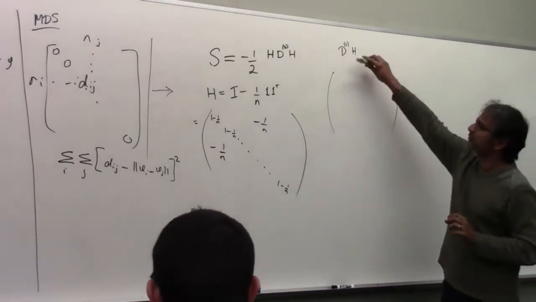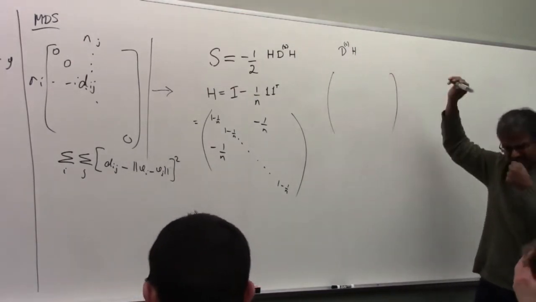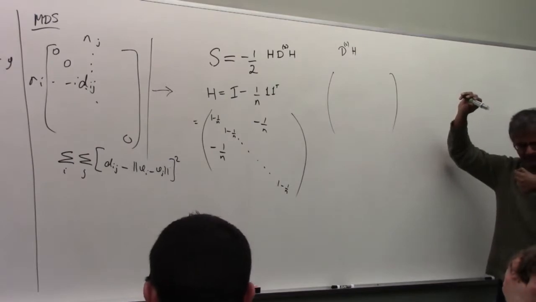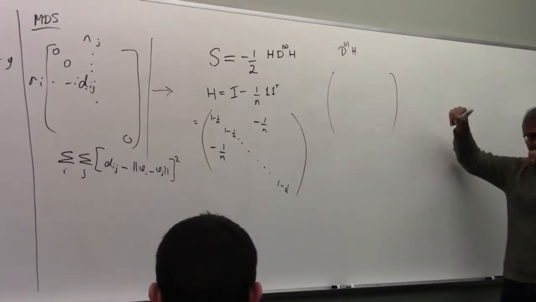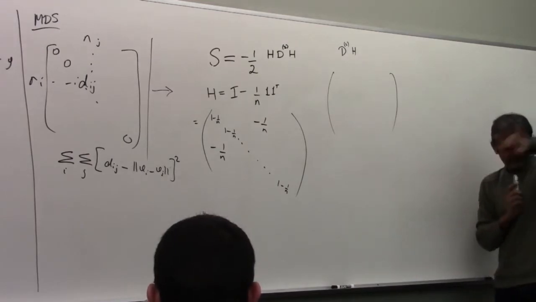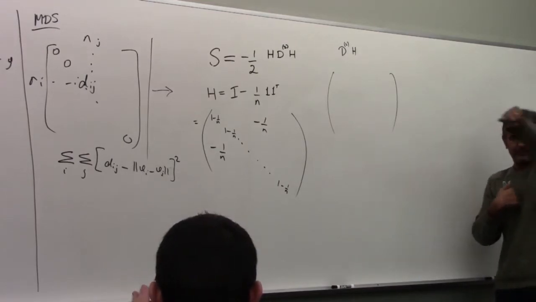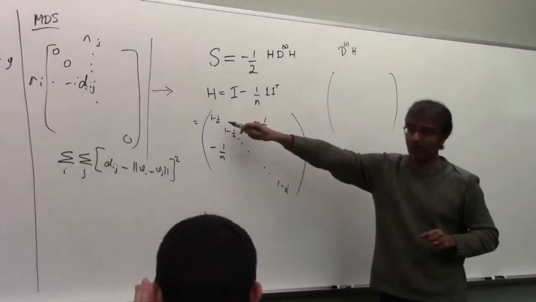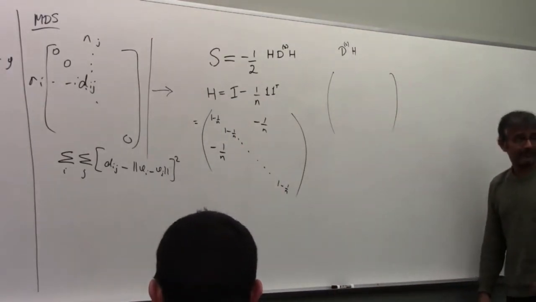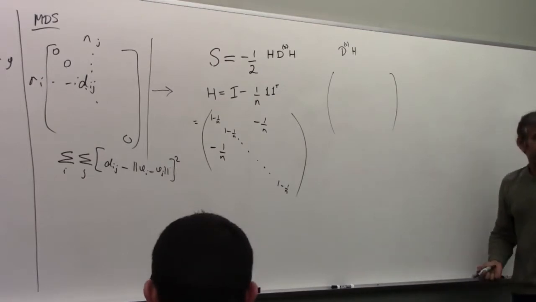So you're taking the first row of D, so that's distances from the first element to all other elements. And this matrix is symmetric, so it doesn't matter. Looking at my distance to all of you, that's my vector. So my distance to myself is 0 and everyone else is there. And then I'm multiplying it by this, which is 1 minus 1 over n at the top, and everything else is minus 1 over n.